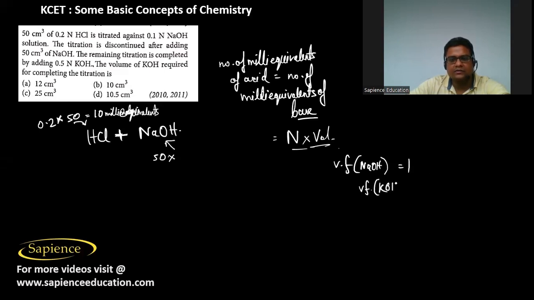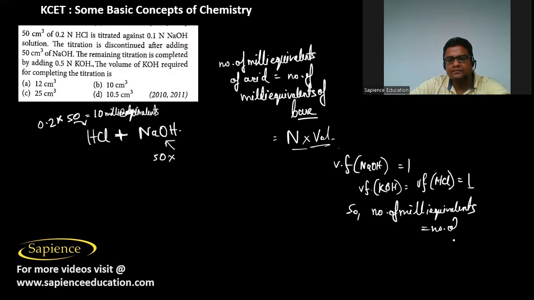The valency factor of KOH is also 1 and the valency factor of HCl is also 1 only. So here the number of milliequivalents is same as the number of millimoles.